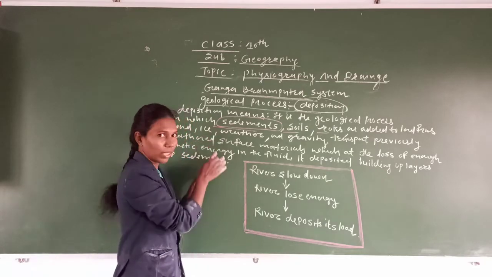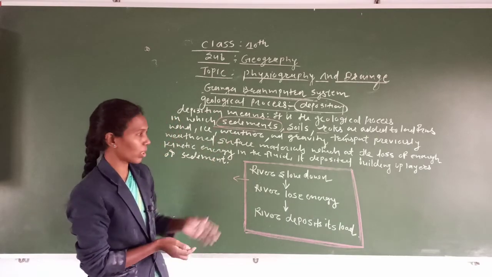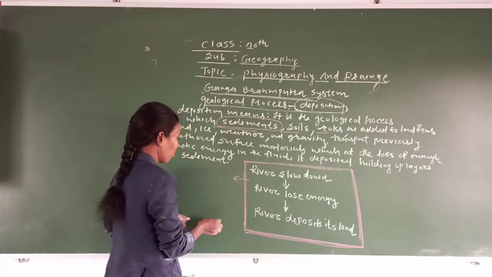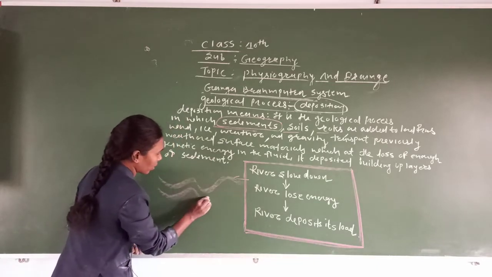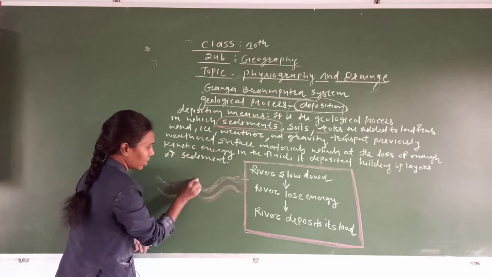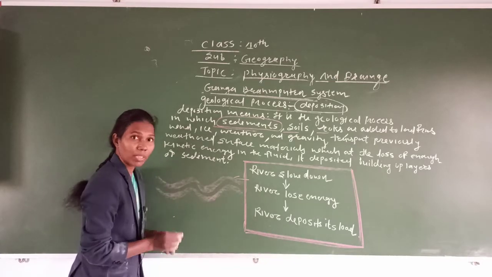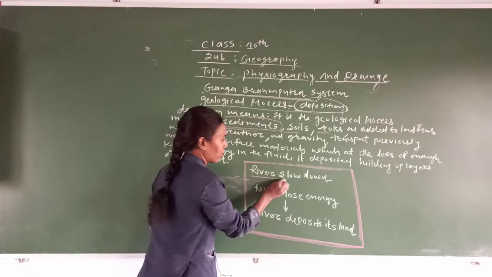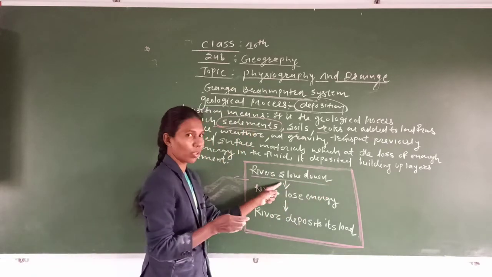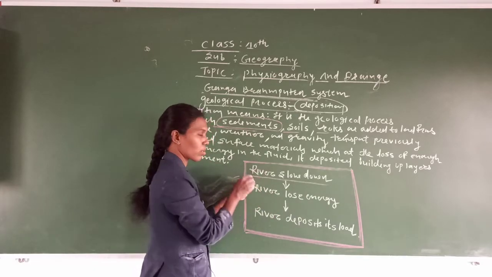Once again, let us learn with this diagram what depositional work, or the geological process, is. If we think about the river, the force of the river is going in this way. The river flows. But while flowing, at a certain place the river slows down, meaning the force of the river decreases.